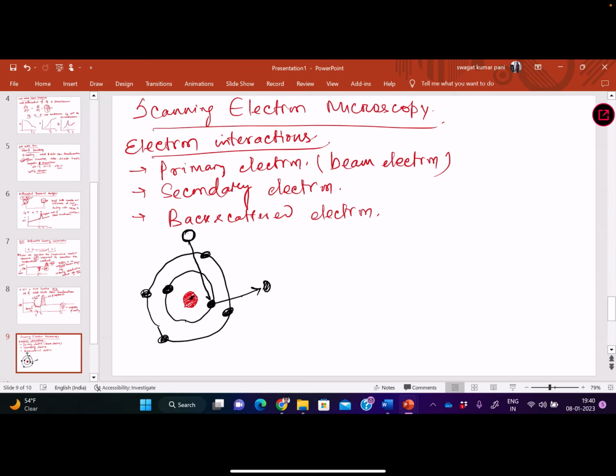So this removed electron will be called secondary electron. This is the primary electron. And the interaction between them is inelastic.